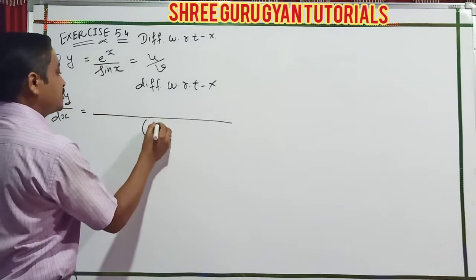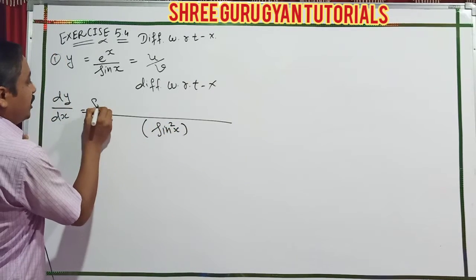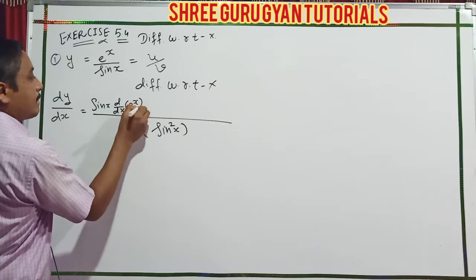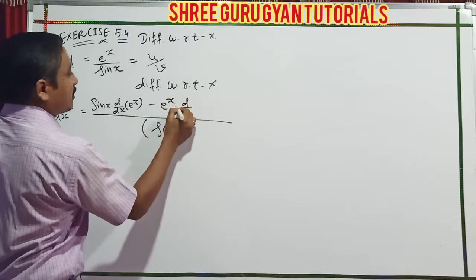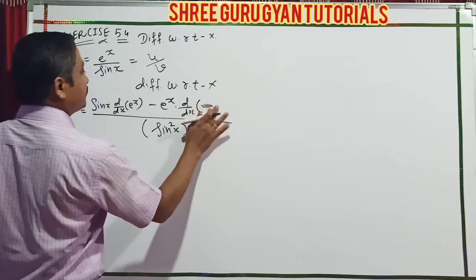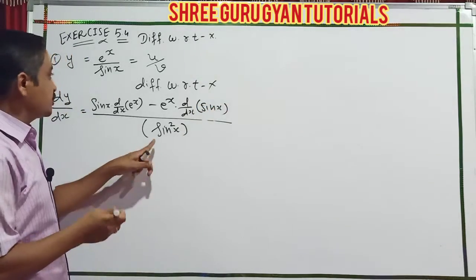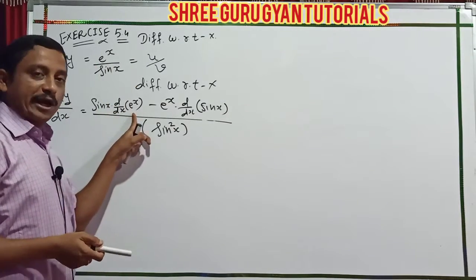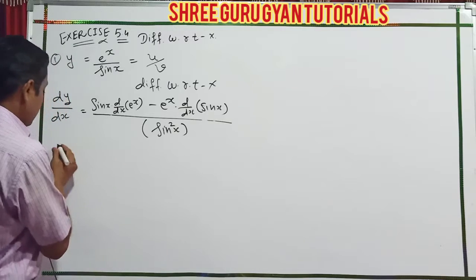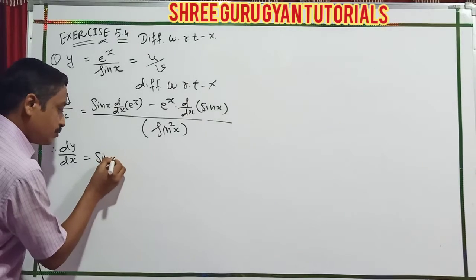In the denominator square, denominator d dx of numerator minus numerator d dx of denominator. Again, repeat: denominator square, denominator d dx of numerator minus numerator d dx of denominator. Now just put in our values, sin x.